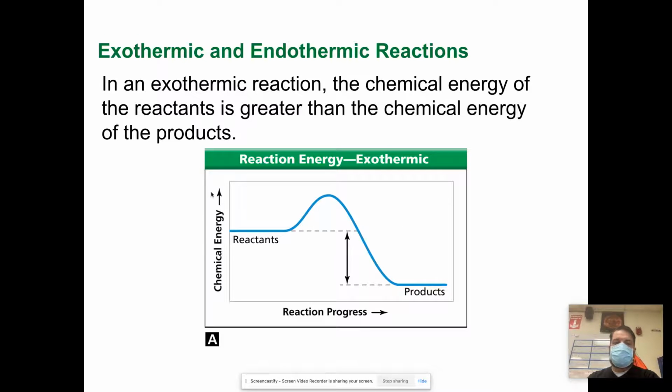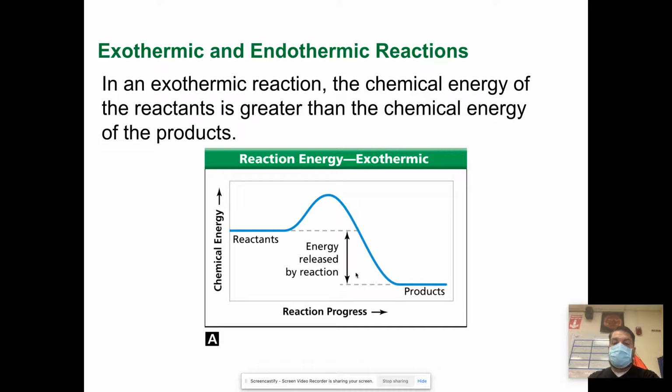So if we consider the chemical energy in the reactants themselves, you have far more energy than you do in the products. And this all happens during the reaction process. So you have reactants just sitting here, the spark happens, boom, there's a huge release of energy, and then as the products are formed, the energy goes down. And that energy is used to form the products, but it is also released in the form of heat and light. Mostly heat for exothermic.